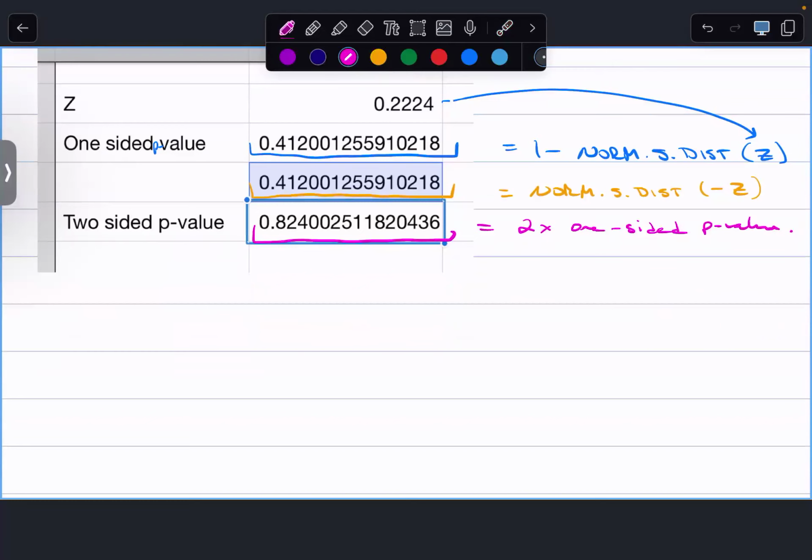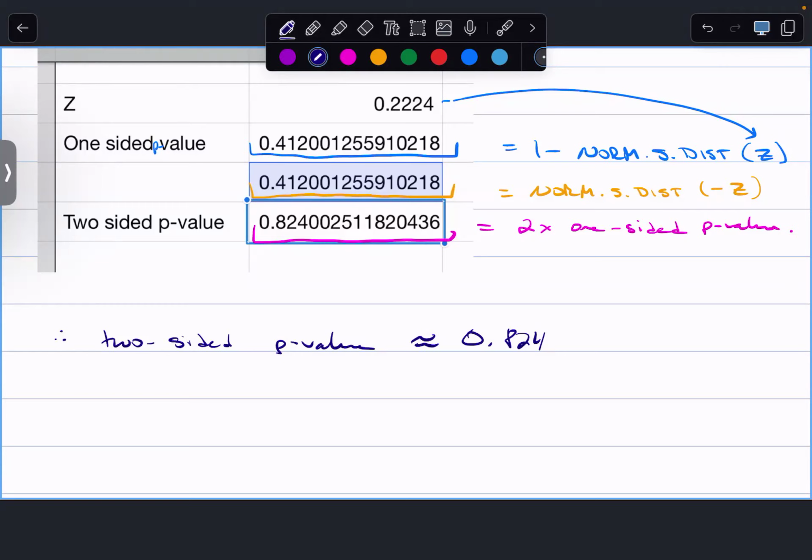Okay, so therefore, the two-sided p-value is roughly 0.824. Now, we use this to draw our conclusion.